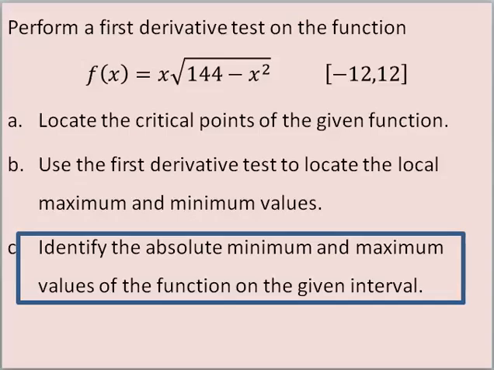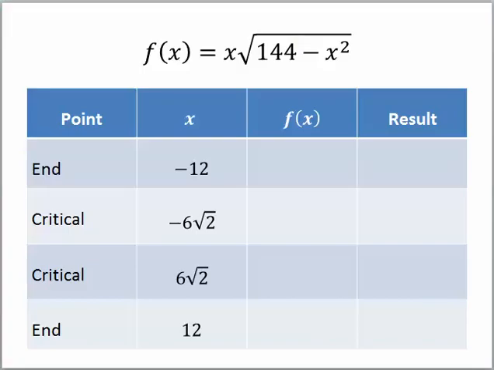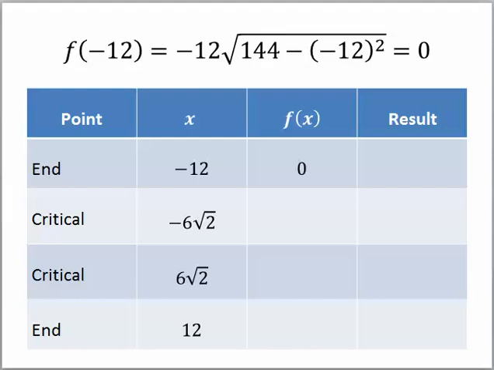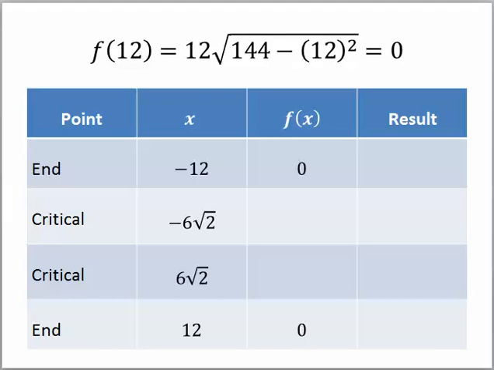Next, identify the absolute min and maximum values of the function on the given interval. We have two endpoints, negative 12 and 12, and two critical points, negative 6 radical 2 and positive 6 radical 2. F of negative 12 is 0. F of positive 12 is 0.